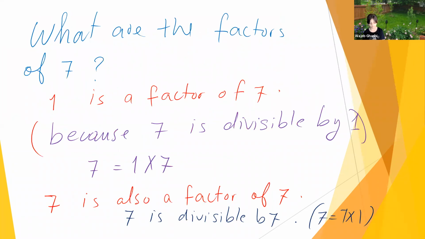Now, what are the factors of 7? 1 is a factor of 7 because 7 is divisible by 1. So to find factors of a number, we have to find the divisors of a number. 7 is divided by 7 as well, so 7 is also a factor of 7.